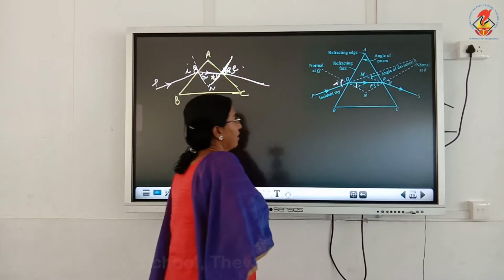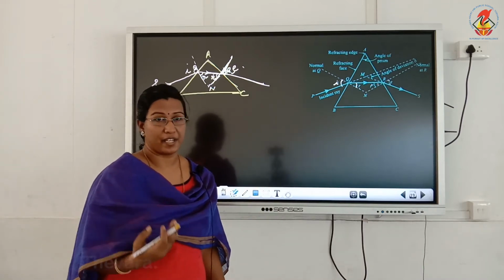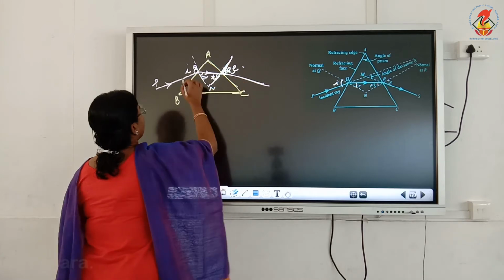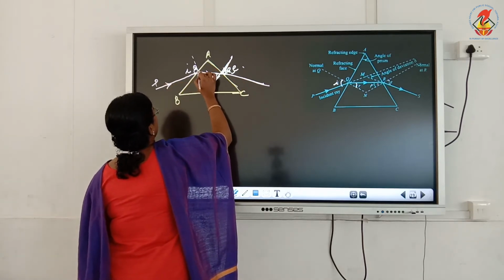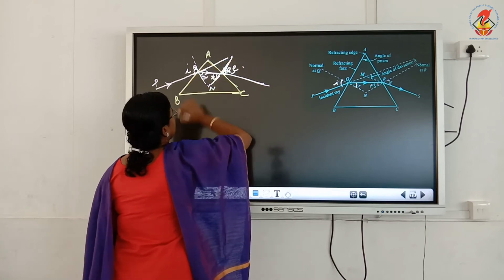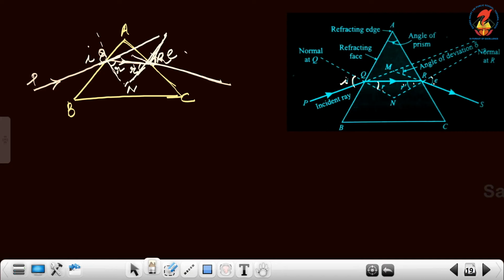Now next we are also going to find the angle of deviation. For that, if the ray was not refracted, it would travel in a straight path. Similarly, the emergent ray without any deviation would travel in a straight path, and these two lines meet at a point, and this angle is the angle of deviation denoted by the letter delta.